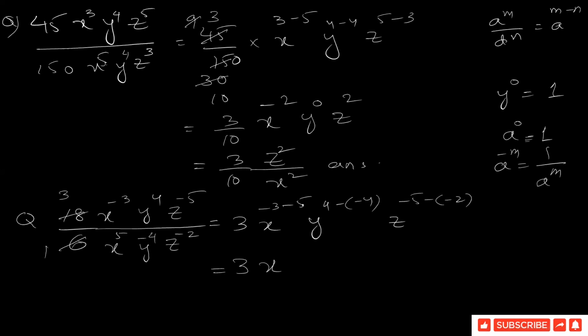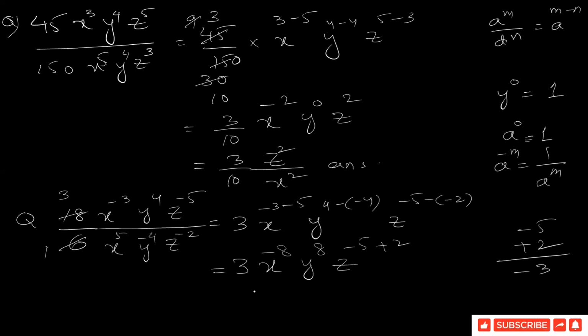So for x, negative 3 and negative 5 have the same sign, so we sum them up. 3 plus 5 is 8, but the sign will be negative. Now for y, minus minus will be plus, so 4 plus 4 will be 8. Then z power minus 5 plus 2 will be negative 3, because the signs are different, so we subtract. 5 minus 2 is 3, so the answer will be negative 3.